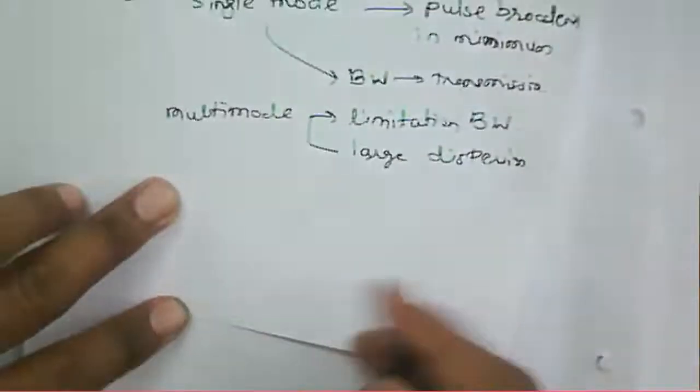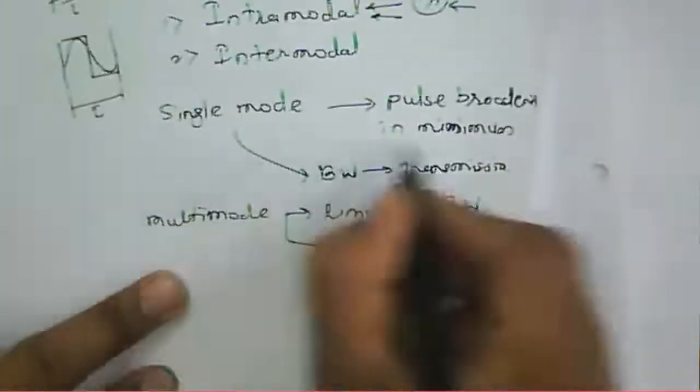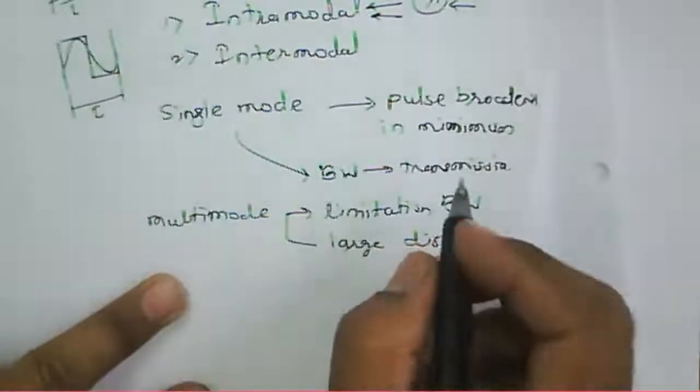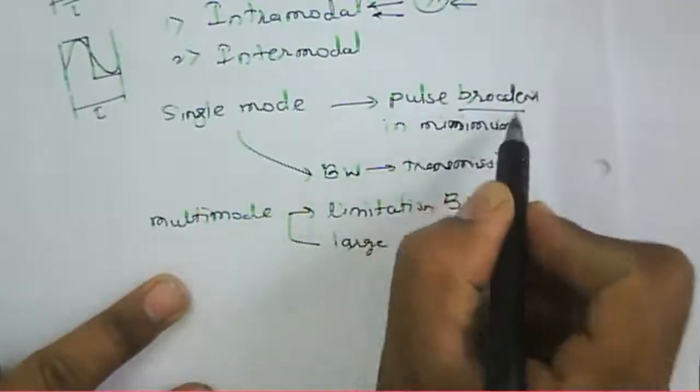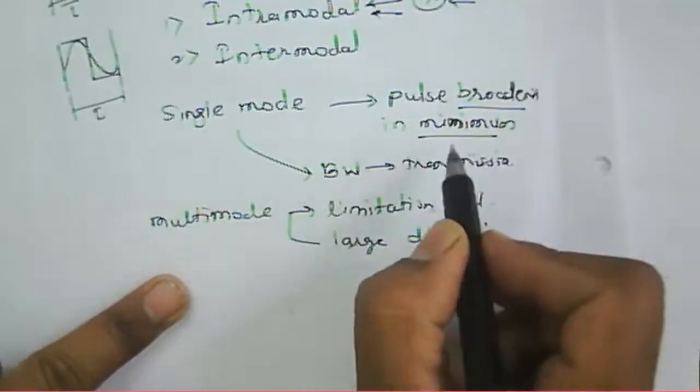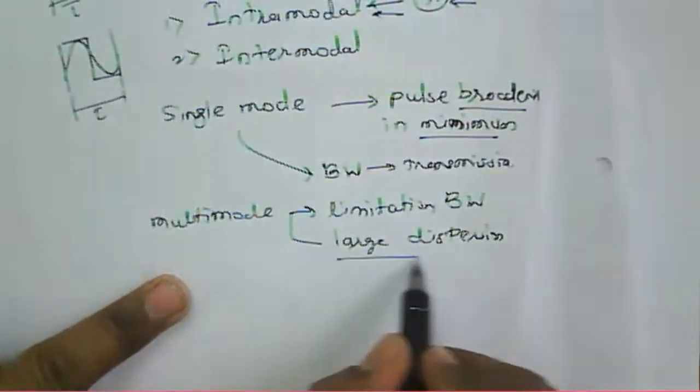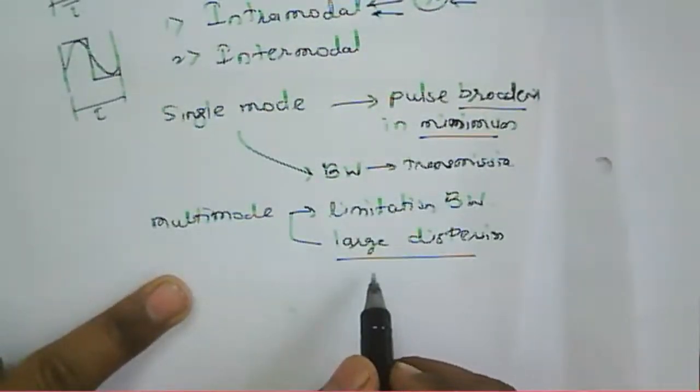If you compare the dispersion in a single mode fiber and a multimode fiber, because the pulse broadening is minimum, that's why there is low dispersion. But here there is large dispersion because the pulse broadening will be larger.